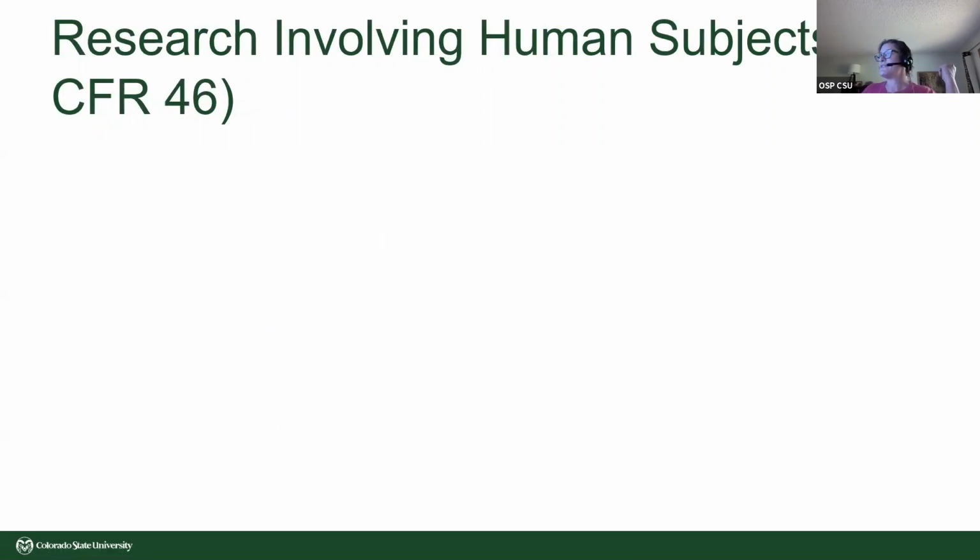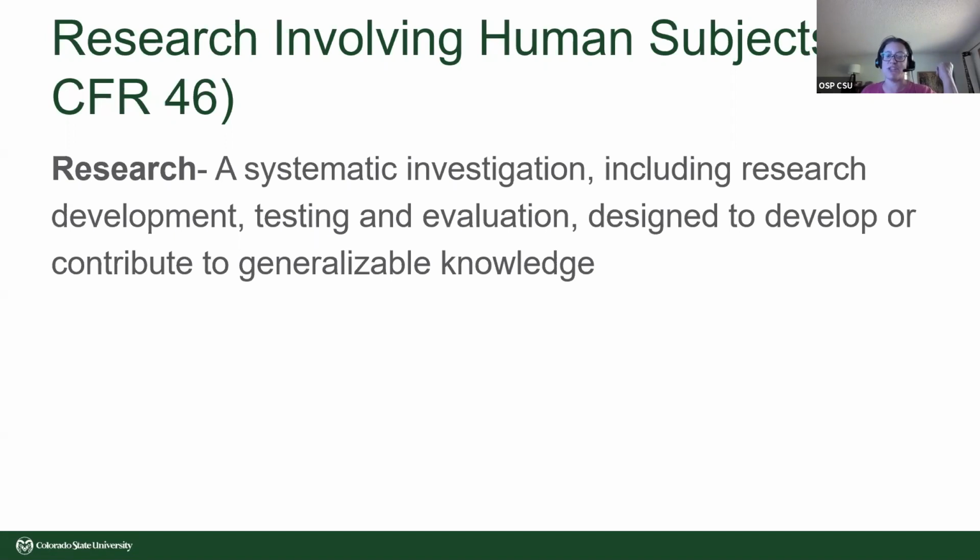So, some of the research involving human subjects. This definition is taken right out of 45 CFR 46, which is also known as the Common Rule. Again, if you attended Jeff's session or had a chance to attend it later, you might recall that he said it's called the Common Rule because all the federal awarding agencies agree to this regulation.